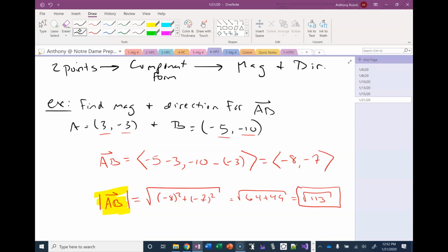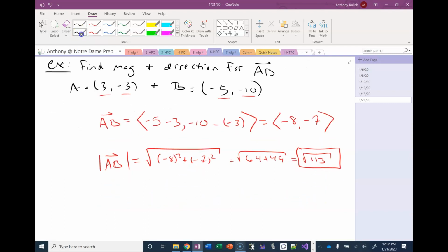Now keep in mind, it should be clear from context which one of these three you're talking about, right? There is no such thing as absolute value for vectors or matrices. There's no such thing as the determinant of a real number or a vector. And there's no such thing as the magnitude for a real number or a matrix. So depending on which symbol those vertical bars are around, it should be clear whether we're talking about determinant, absolute value, or magnitude. But we do abuse the heck out of that notation and use it for a couple of different things.